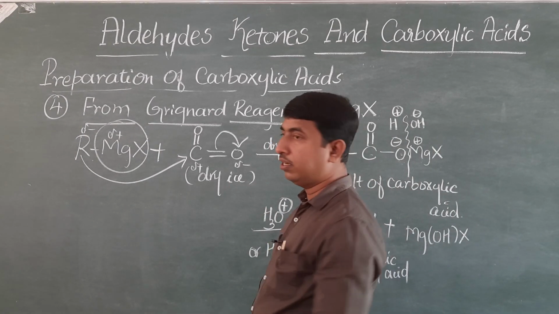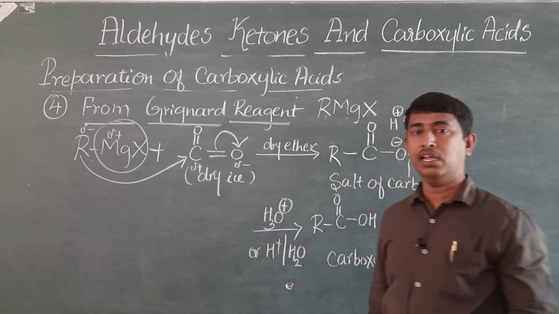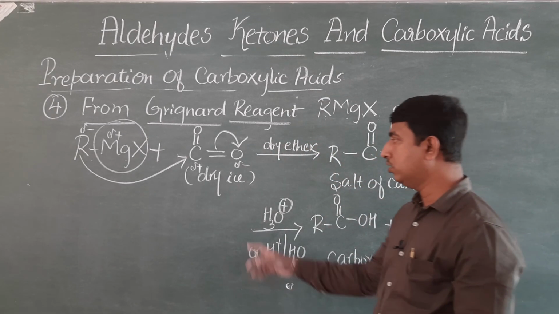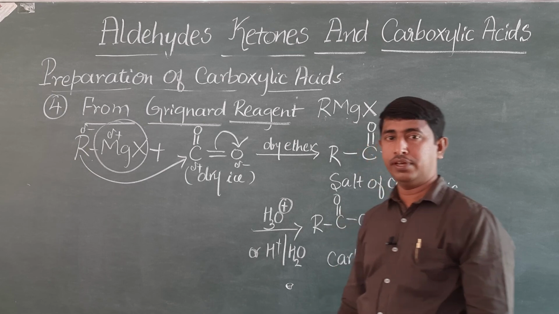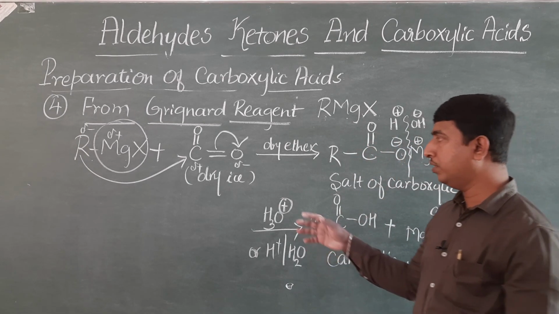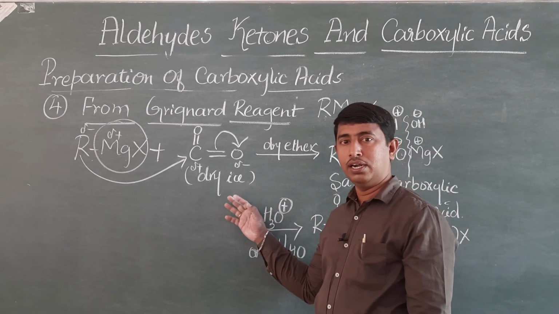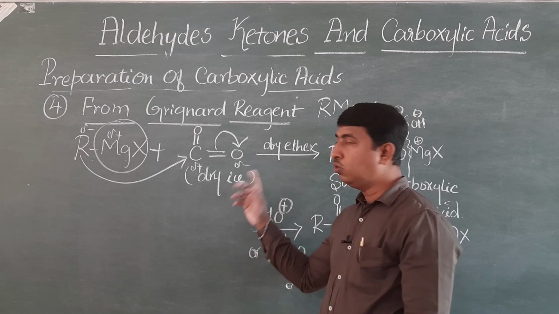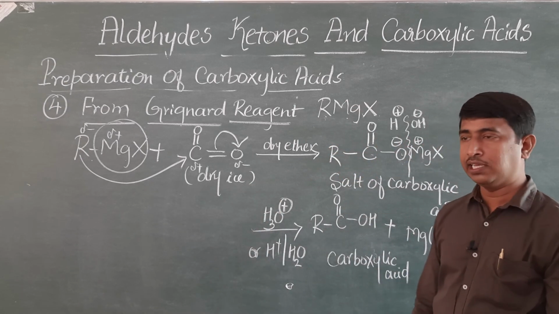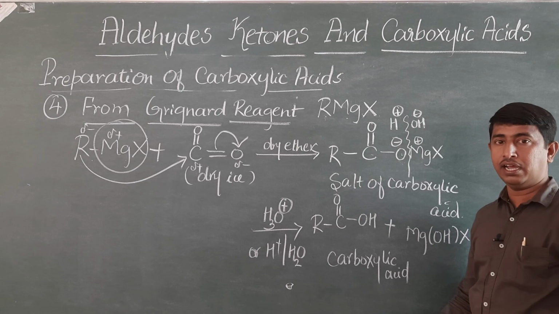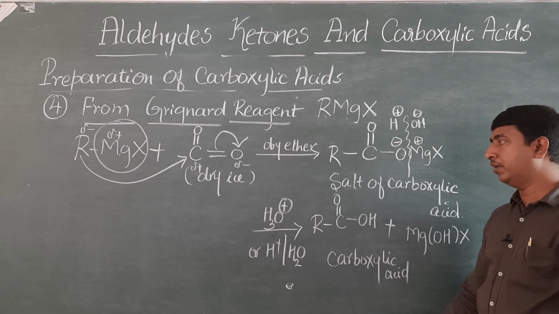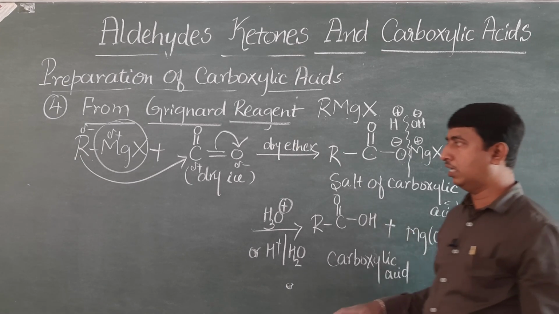Now, what we have to write? When Grignard reagent reacts with solid carbon dioxide or dry ice, nucleophilic addition reaction takes place, or generally you can write addition reaction takes place forming salt of carboxylic acid.